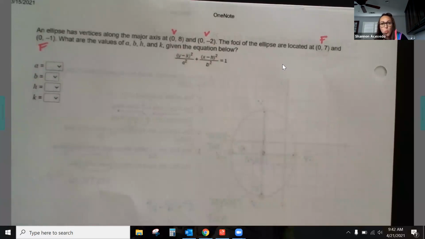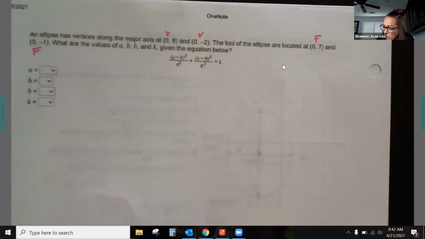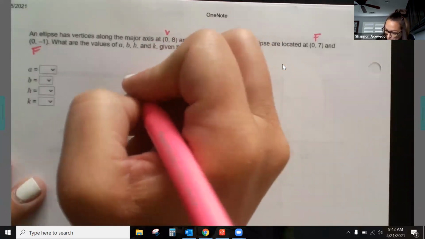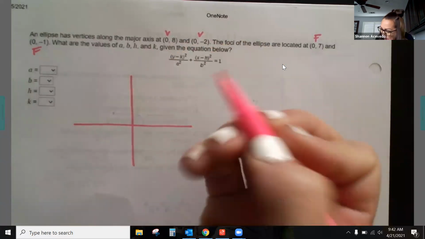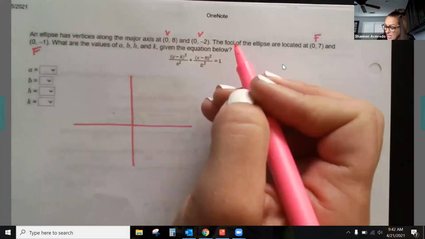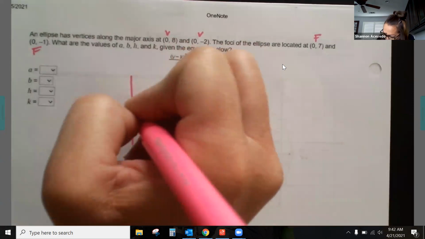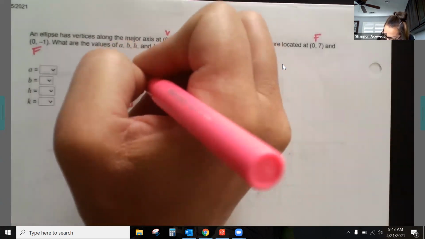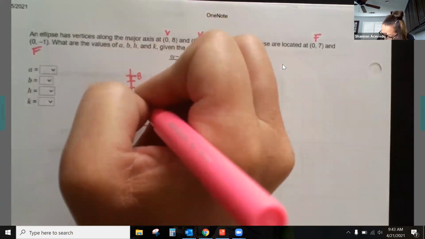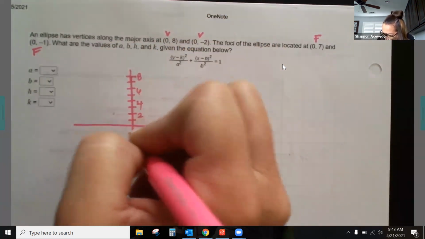So again, let's start off with what do we know? Let's put these points into the graph. Okay, so I know at (0, 8) and (0, -2). So 1, 2, 3, 4, 5, 6, 7, 8. And -2.